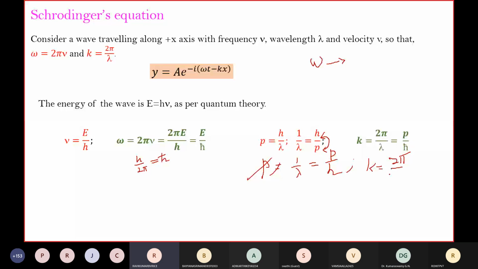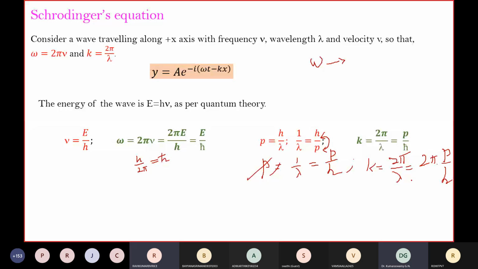Instead of this 1 by lambda, you substitute p by h. Okay, sir. Understood. Right? Now you got it.